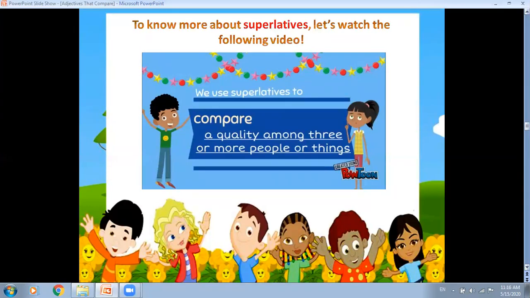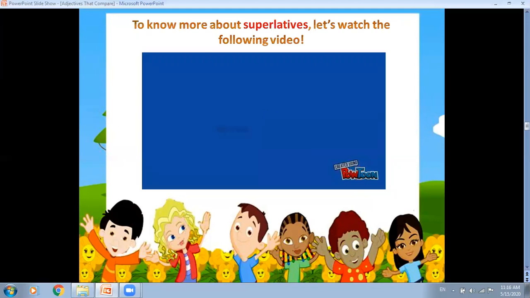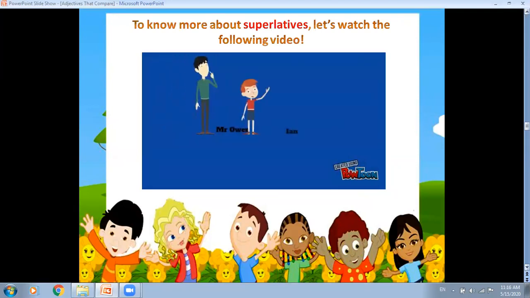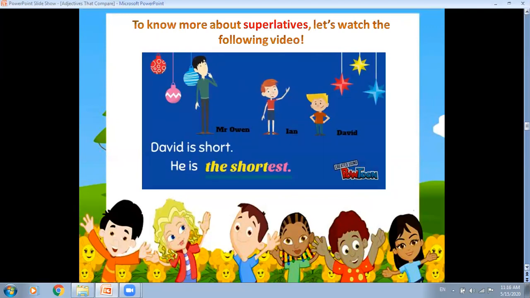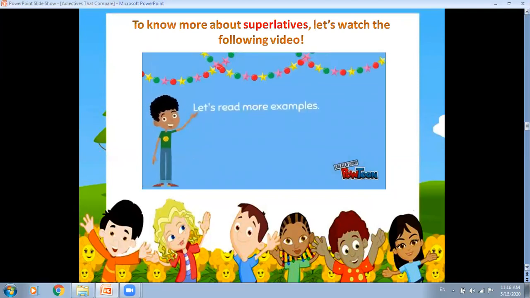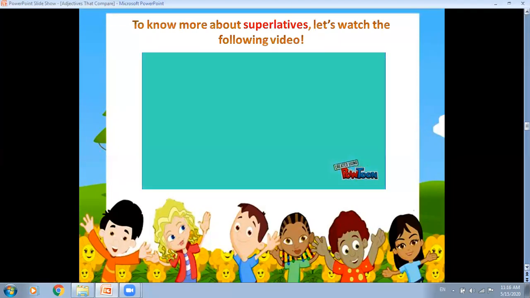That's the difference. We have to read more examples to notice the spelling rules. Two forms of superlatives.